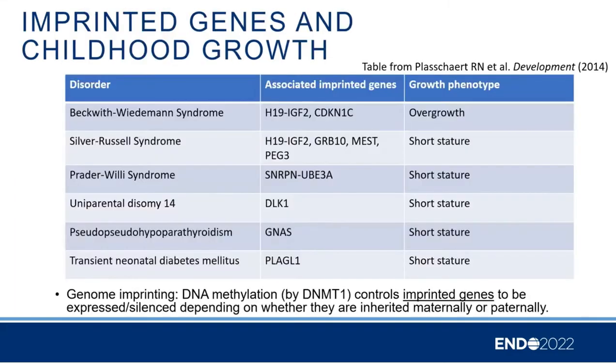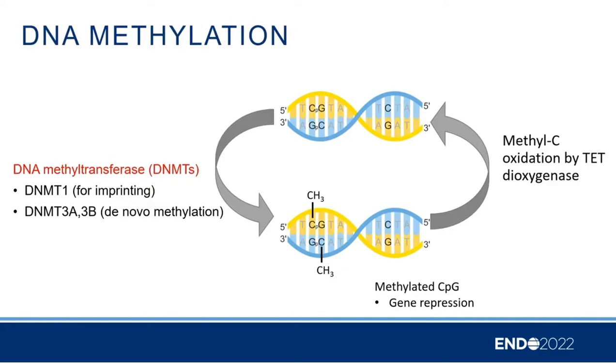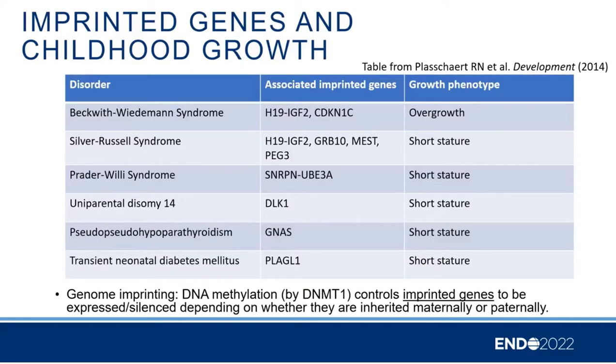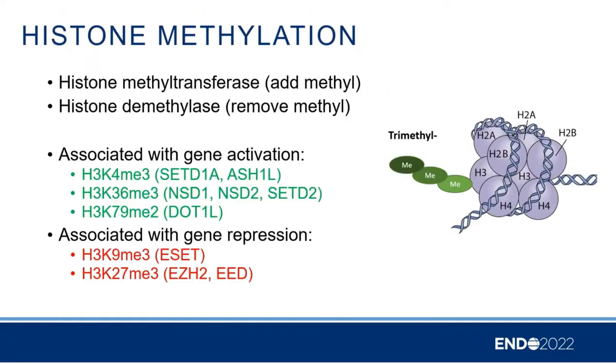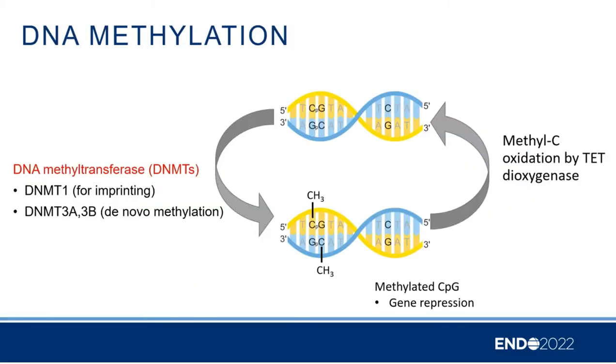There's DNMT1, that is responsible for genome imprinting, and then there's DNMT3 that is involved in de novo methylation.